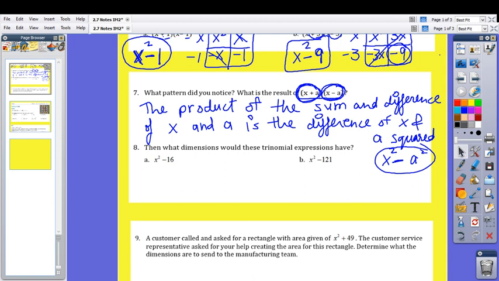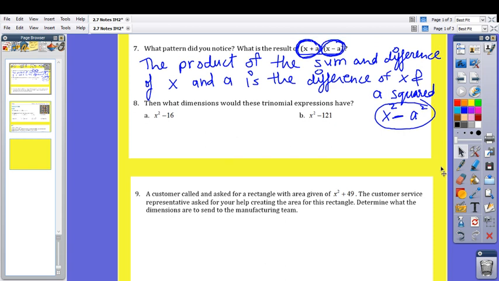Then, in number 8, we are going backwards. So, we already have the area, and we are figuring out the dimensions for that. So, if we put x squared here and 16 here, then this will be x, this will be x.